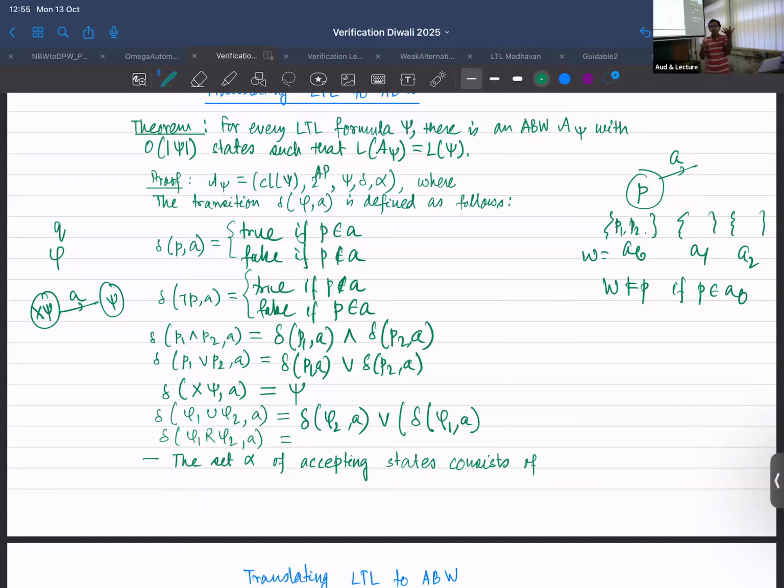Either I'm already satisfying phi2 here, and then you can decompose the formula and focus on the phi2 part, so it's delta of phi2, comma A. If that is not the case, then I focus on the phi1 part, delta of phi1, A, and in the next state I have to satisfy again phi1 until phi2. Clear? What about phi1 release phi2, A?